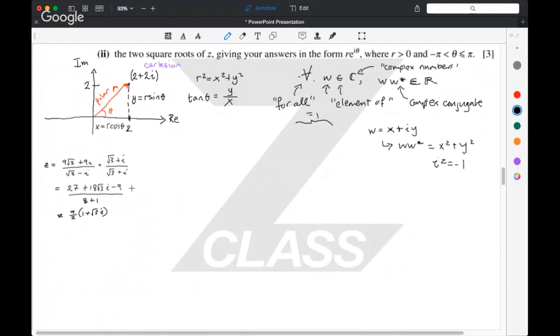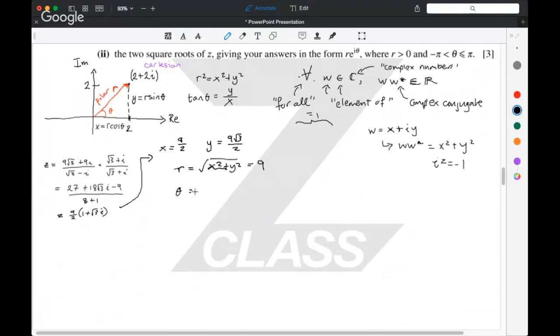So here, I'll just emphasize that if I'm expressing it as x plus iy, my x is 9/2, and my y is 9 square root 3/2. And that's it. So now r is the square root of x squared plus y squared, which gives 9.